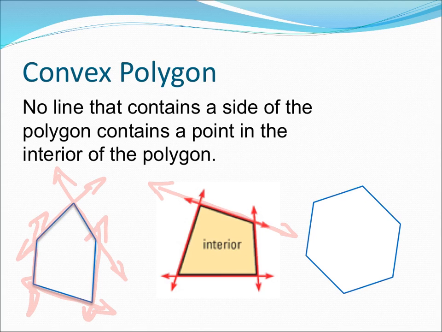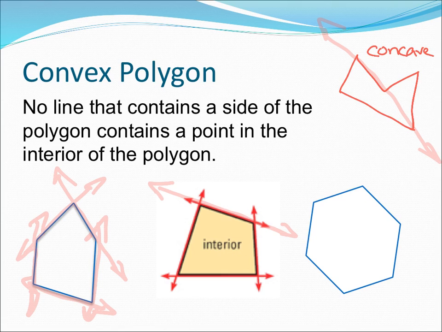An example of where it would go inside, let's say my polygon looked like this. And let's say I were to extend this side. See how if I extend it, it goes inside. And on the next slide, we're going to name that. So this one would be not convex, but we're going to name it, it's going to be concave.